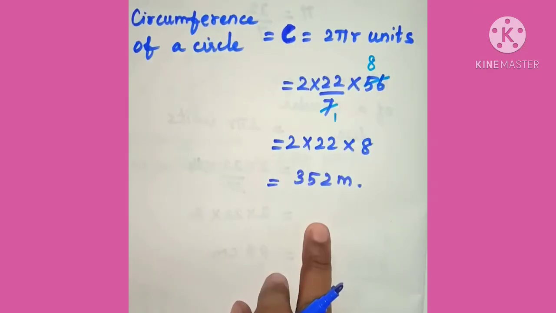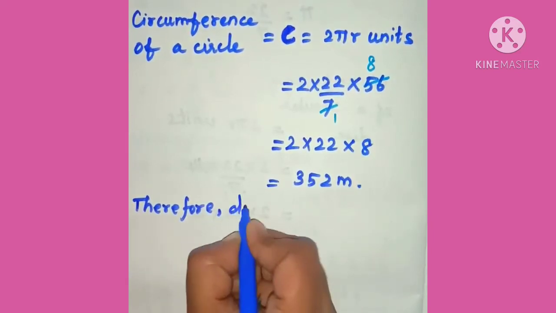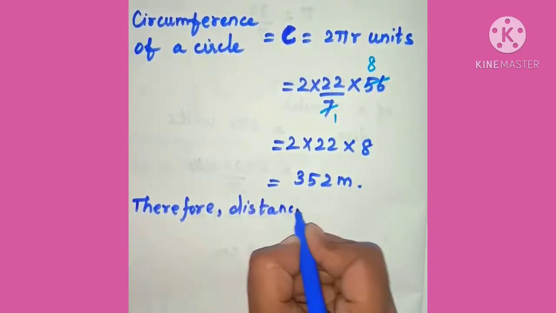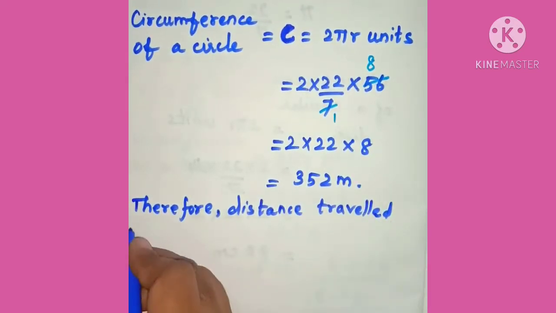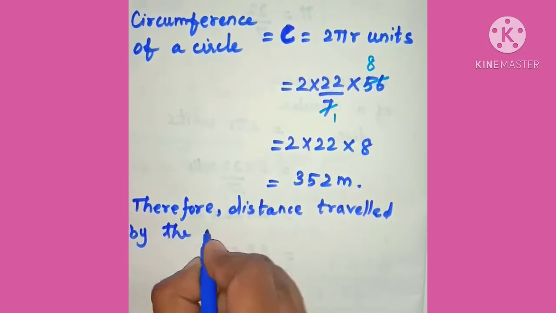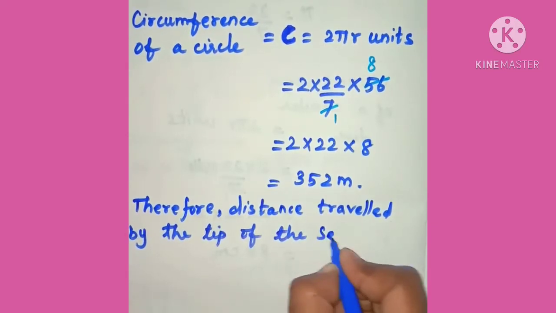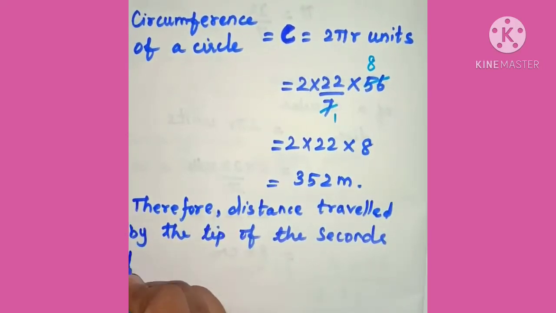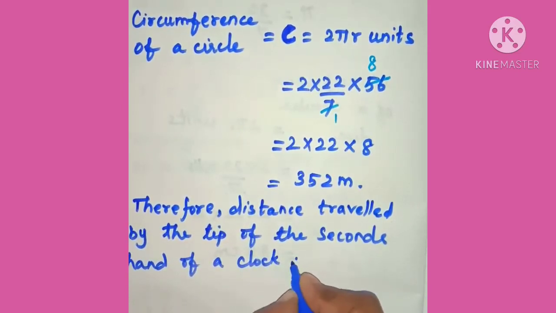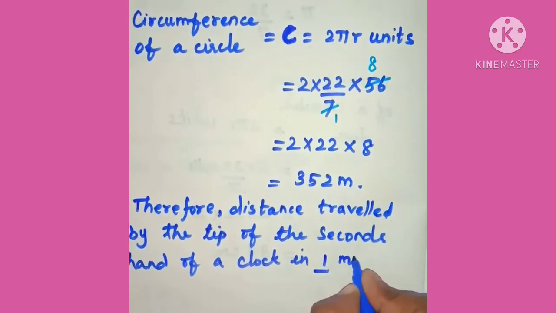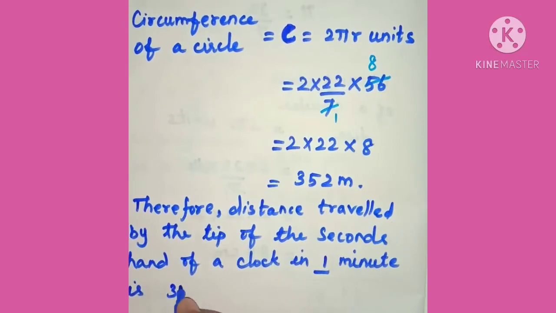So that, therefore, distance travelled by the tip of the second's hand of a clock in 1 minute is 352 millimeter.